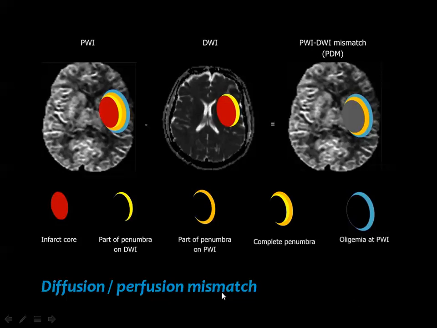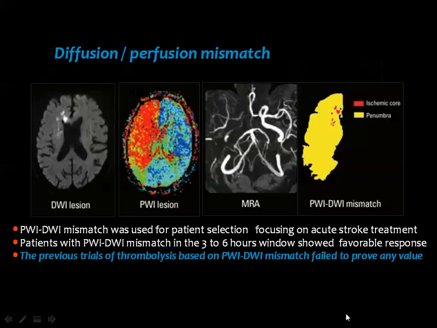And here, this is the infarcted area or the infarction core, and the surrounding area, which is the hypoperfused area, is what we call the penumbra or the area at risk. If you look here, you can see that the area of restricted diffusion is very small.